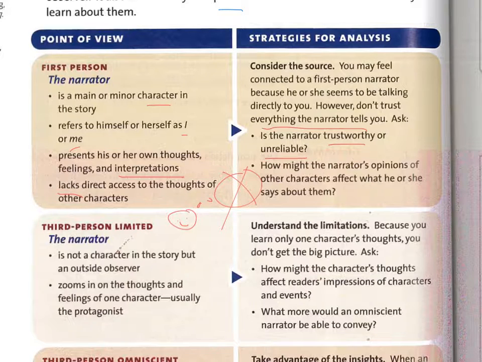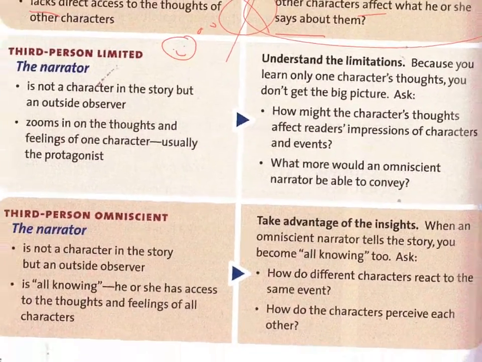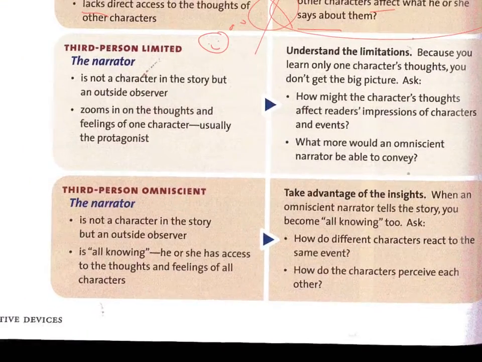Okay, or they could be intentionally lying. It's possible. How might the narrator's opinions of other characters affect what he or she says about them? Okay, so they might be very biased. So that is first person, I, me, my, character in the story. But you got to watch out with first person narrator because you can't necessarily trust everything they tell you.